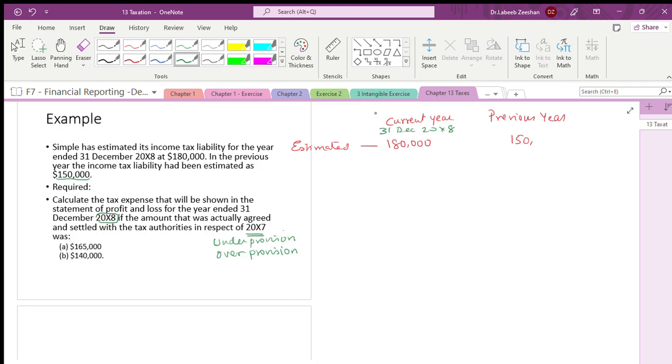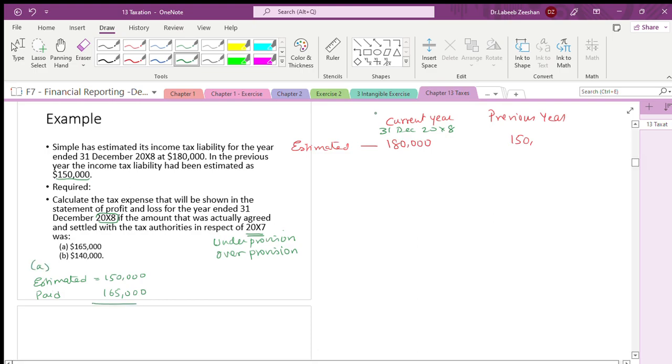If they have estimated 150 and they have paid 165, this is option A. They have paid additional, how much? 15,000.